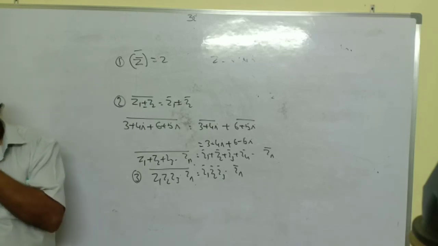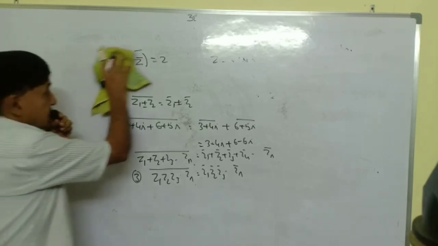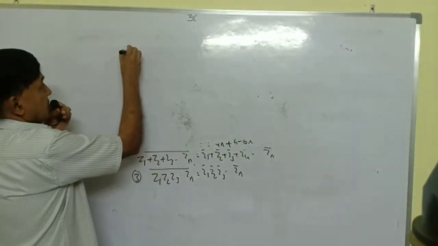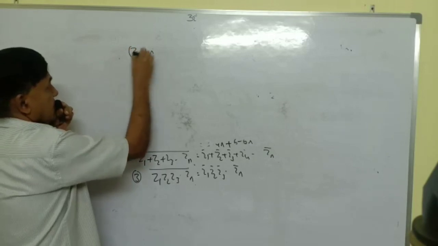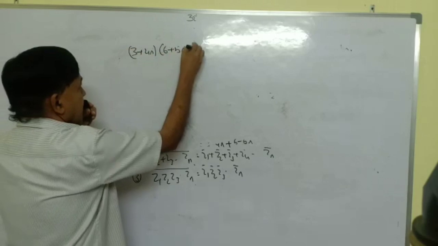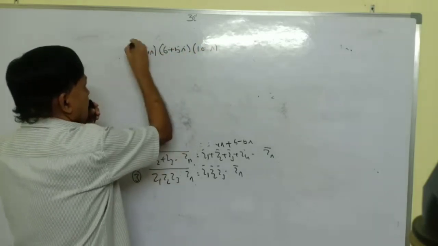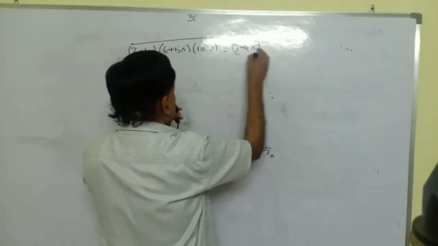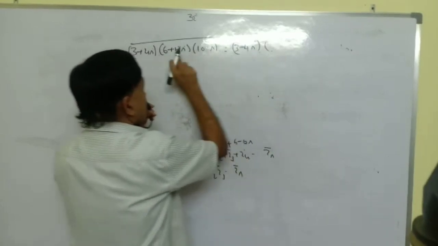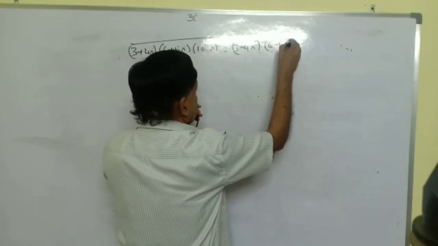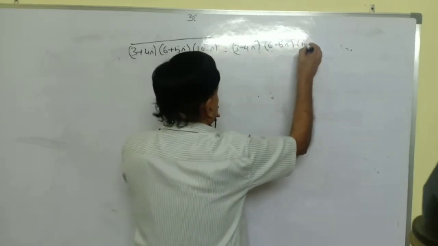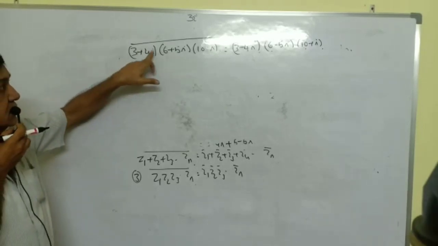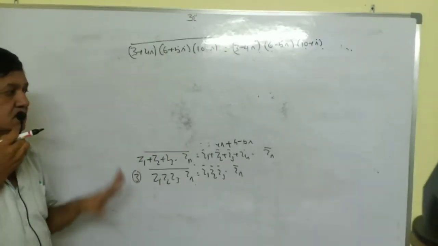The meaning of this statement is like this: (3 plus 4i) into (6 plus 5i) into (10 minus i) whole conjugate is equal to the conjugate of 3 plus 4i, which is 3 minus 4i, into the conjugate of 6 plus 5i, which is 6 minus 5i, into the conjugate of 10 minus i, which is 10 plus i.